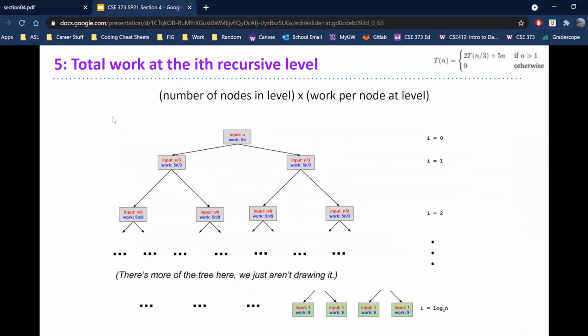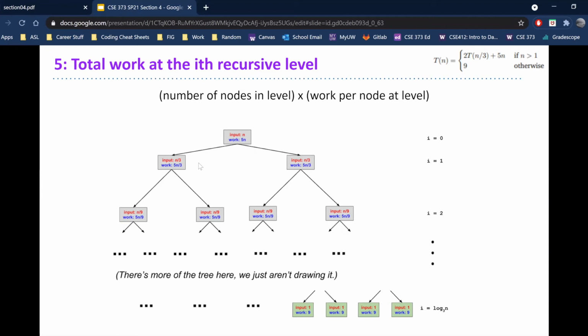Just looking at our tree, what we know is that our input at every level is given by n over 3 to the I, where I is equal to the particular level that we're working with. The amount of work we do at each level is given by 5 times n over 3 to the I. And the number of nodes at each level is given by 2 to the I. These were all determined in previous questions.